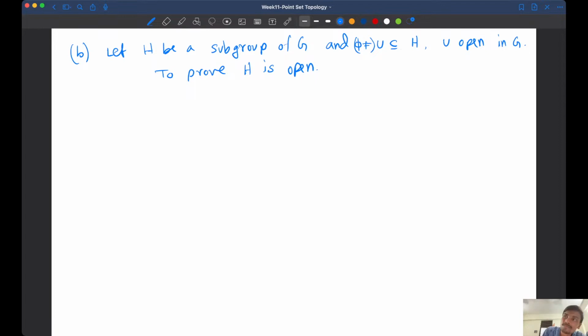But I want H to be a union of open sets. How do you guarantee that it is all of H? Then I have to take the complement of U in H. Complement of U need not be open, right? That is closed actually.